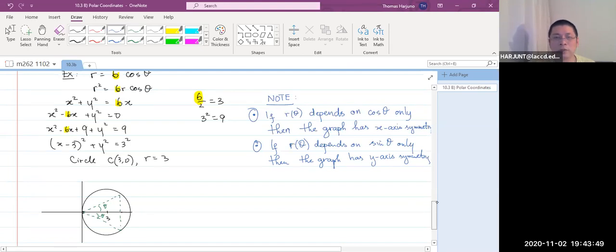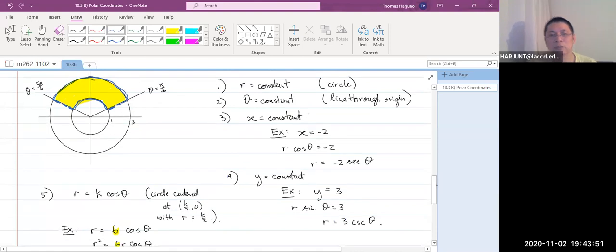Actually, we can observe that already here. Notice that x equals a constant, right? x equals negative 2 is like this, and this is the y-axis. Now, it depends on cosine only, right? Negative 2 over cosine theta, and notice that it has x-axis symmetry.